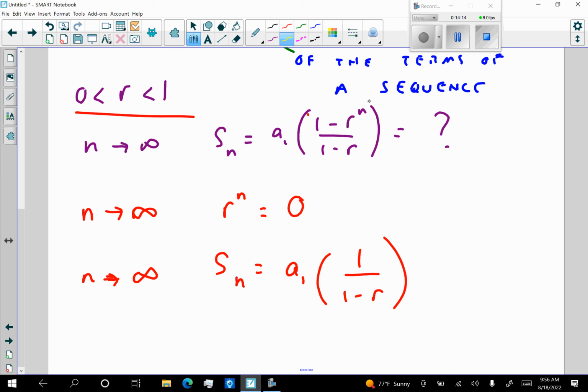So this part right here is going to zero out. So I simply have the first term times 1 over 1 minus r. And we can write it this way. This is the way you're going to see it presented in a book.